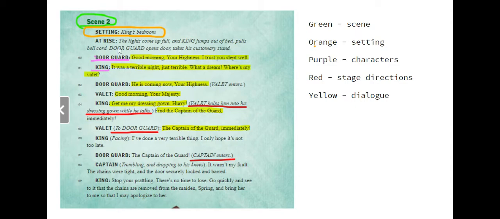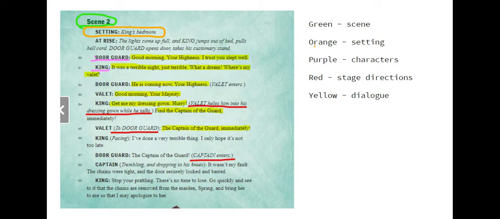Awesome. We also need to be able to identify the characters. I've underlined a few of them in purple, two of them, the door guard and the king. Can you identify another character on the page that's not underlined? Great job.